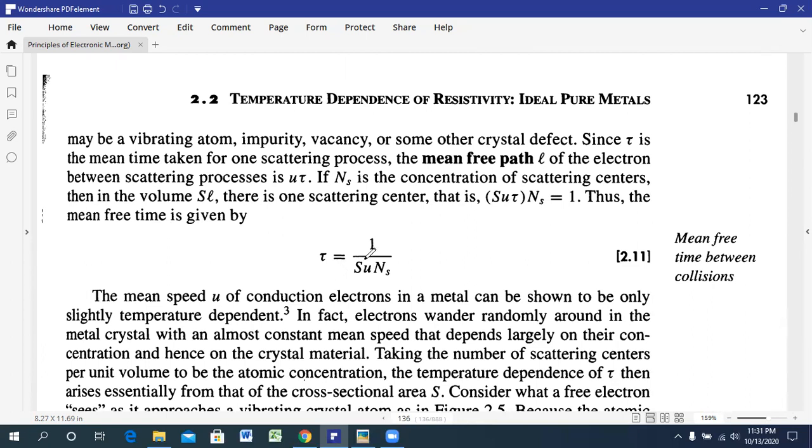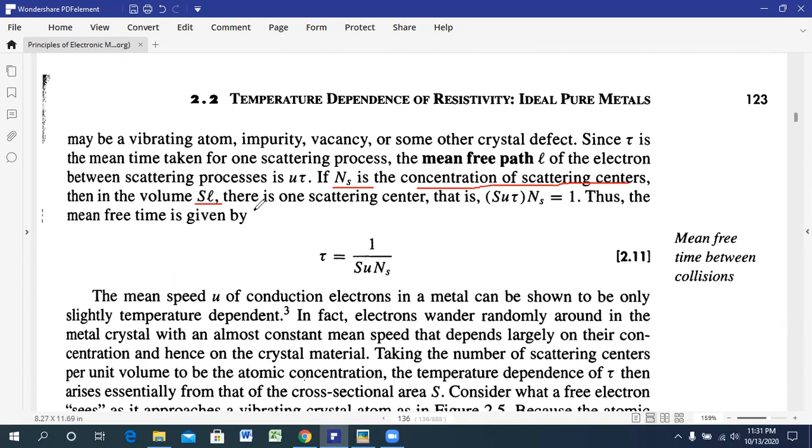Tau should be equal to 1 divided by S U n_s, where n_s is the concentration of the scattering centers, and the volume is S L. S is the surface area and L is the mean free path. If we multiply the area with the length, then we can find the volume.